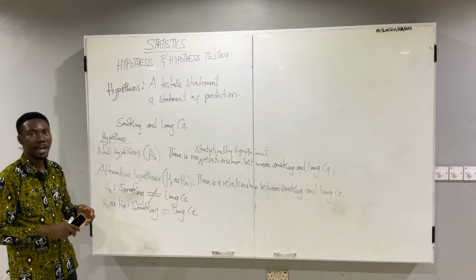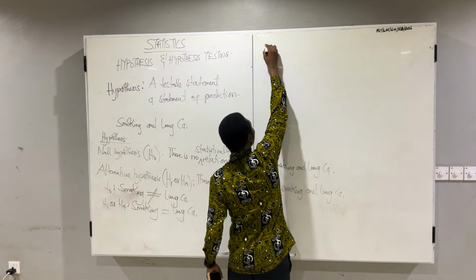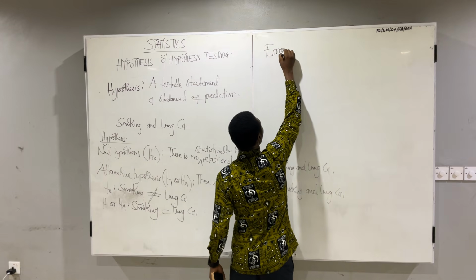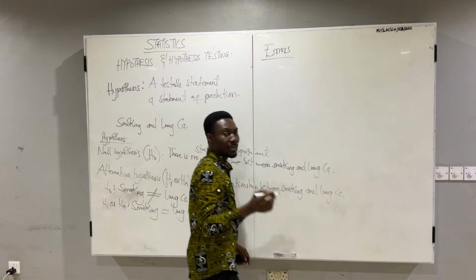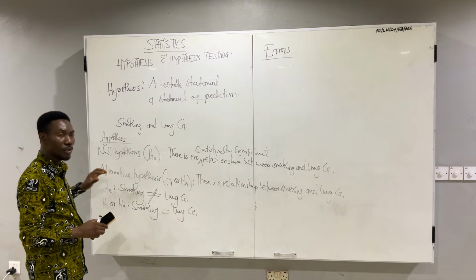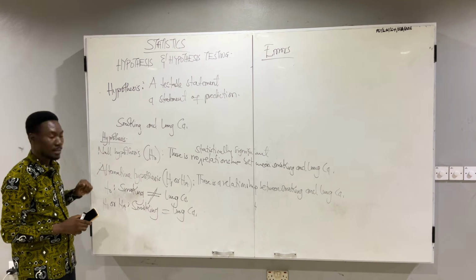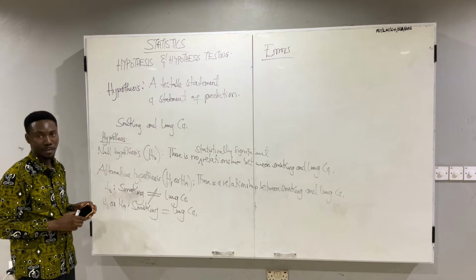Now let's look at some errors in hypothesis testing. Now let's come back to this hypothesis. So you see, I told you there are two hypotheses over here. The null hypothesis and the alternative hypothesis.